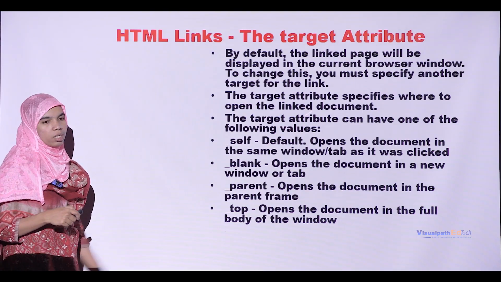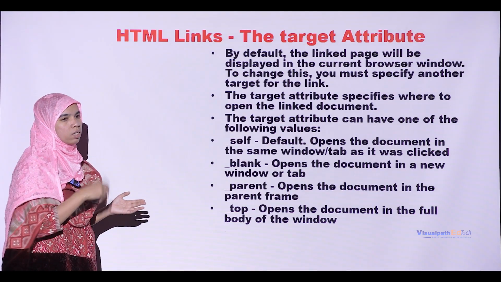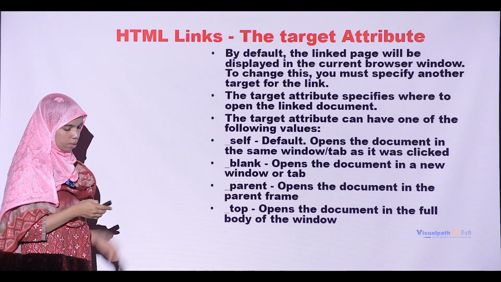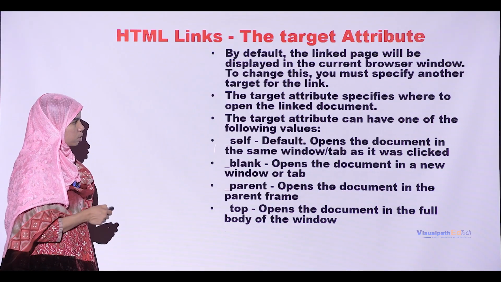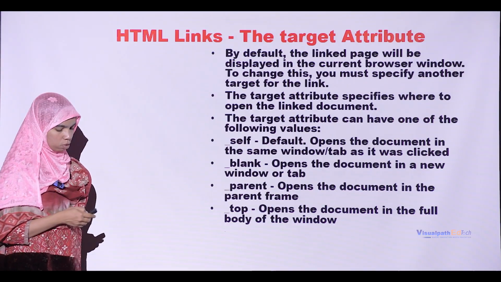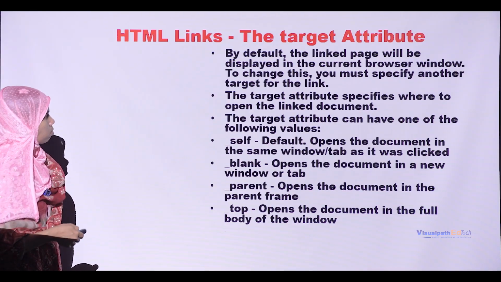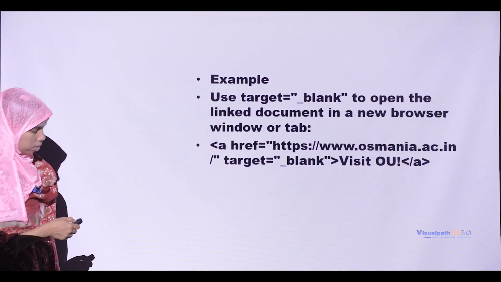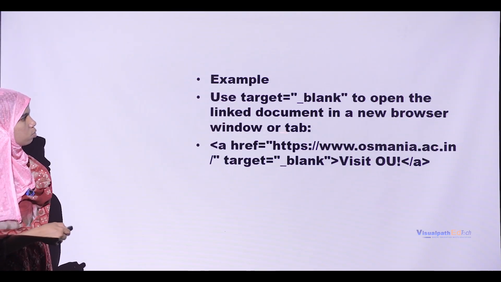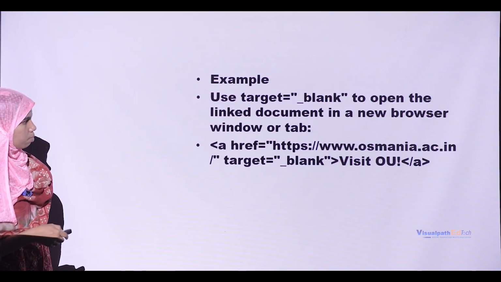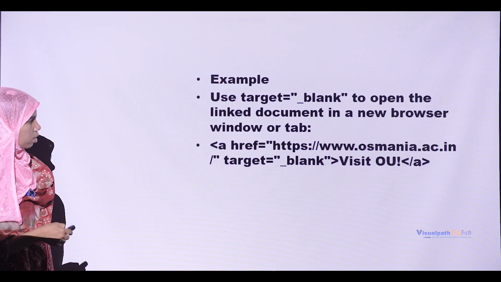Target is basically where we are linking the page, where it has to actually open. You can see here it's given as blank. That means to open the linked page in a new browser, we use underscore blank.